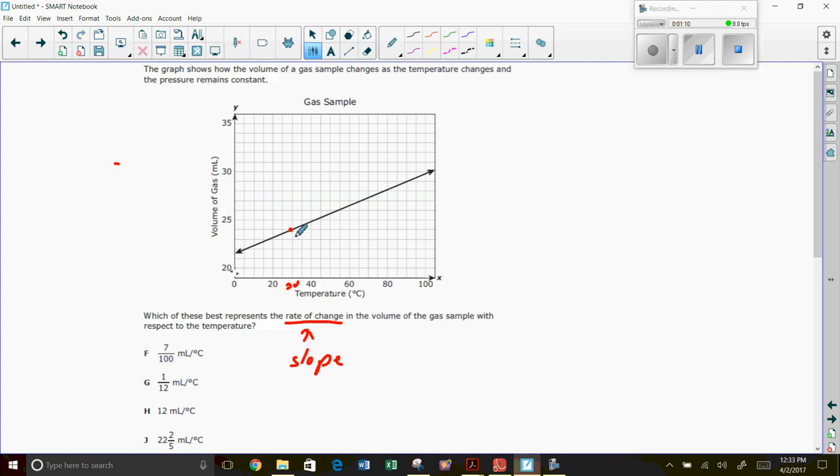So this point right here, if I put my XY table, this would be at 30, and then going across, if this is 20, it looks like they're going up by ones. 21, 22, 23, 24. So 30, 24 would be my first point. Another point that I could use is maybe this point right there.